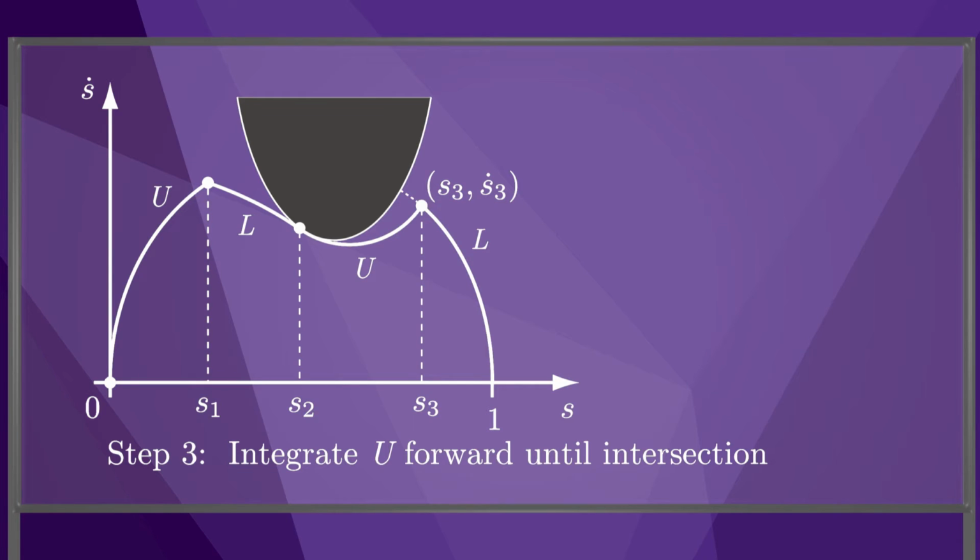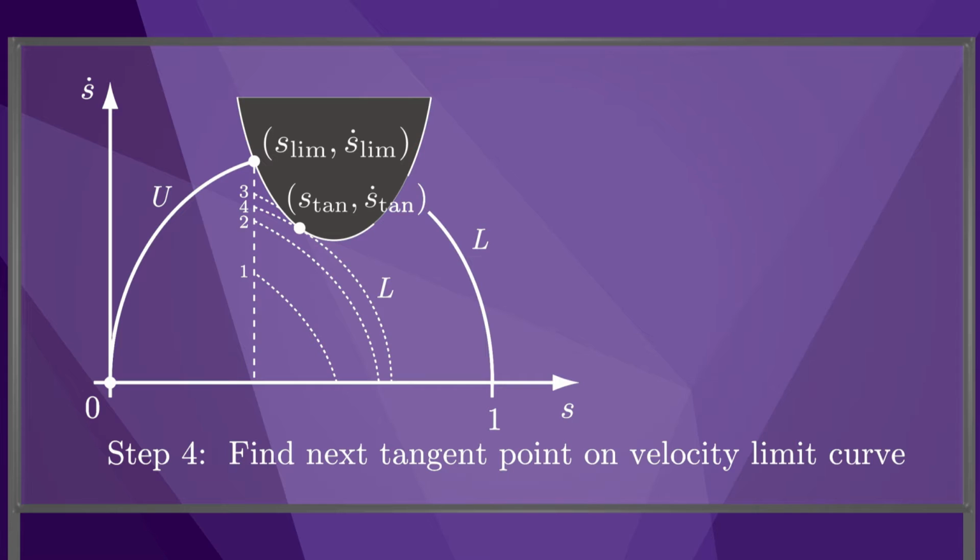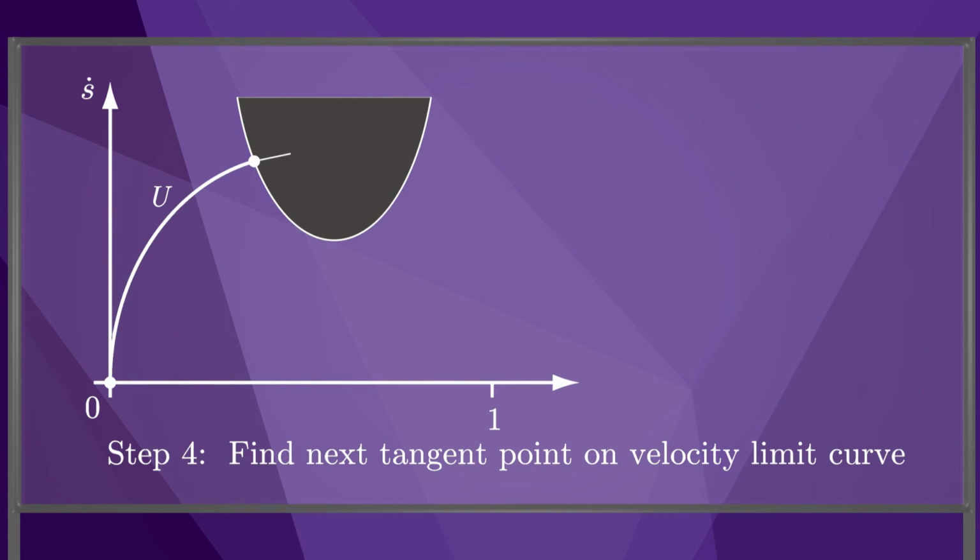A key step in this algorithm is step 4, finding the next tangent point on the velocity limit curve. Instead of using a binary search guess and check approach, a more computationally efficient approach is to numerically construct the velocity limit curve and search for the next point where the motion ray is tangent to the curve. Clearly, at the point of intersection, the motion ray is into the region of inadmissible states.